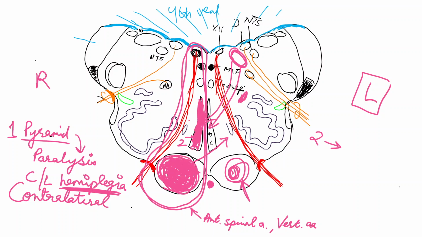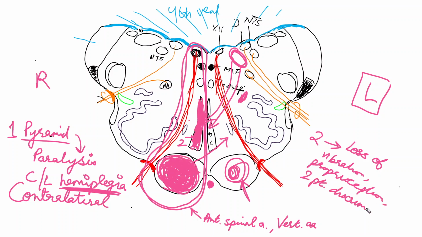So the right medial lemniscus has been affected, so that will cause loss of sensations carried by the dorsal tract, that is vibration, then proprioception, and 2-point discrimination from the contralateral half of the body. Body here means the trunk and the limbs. Okay.